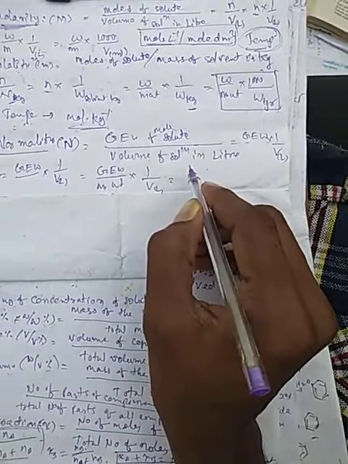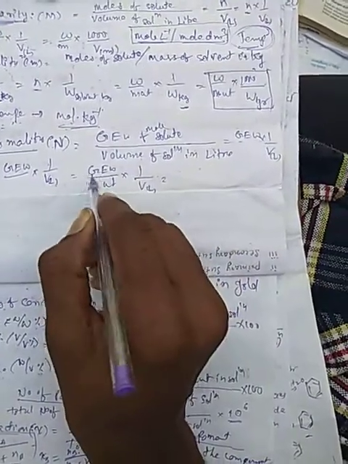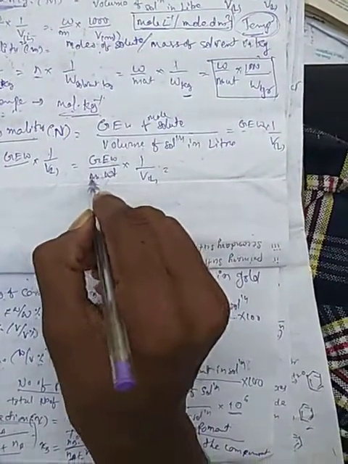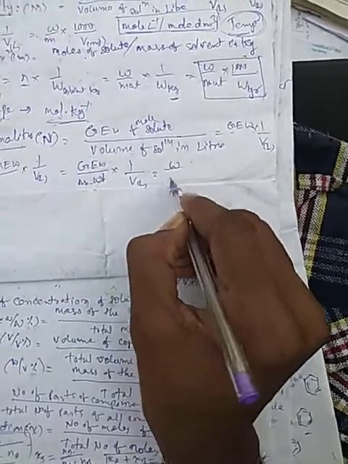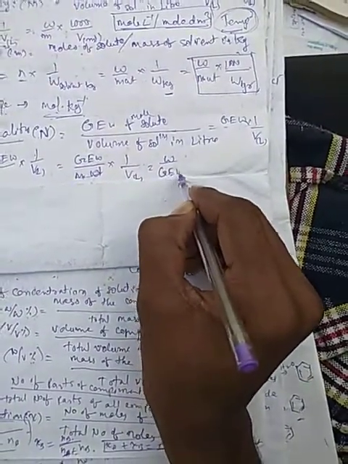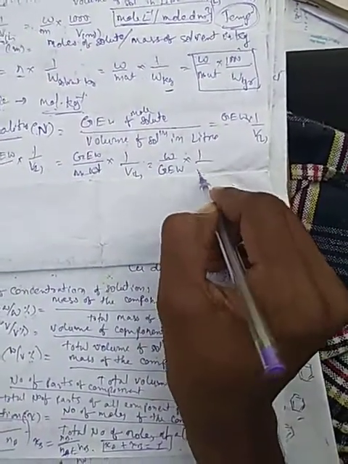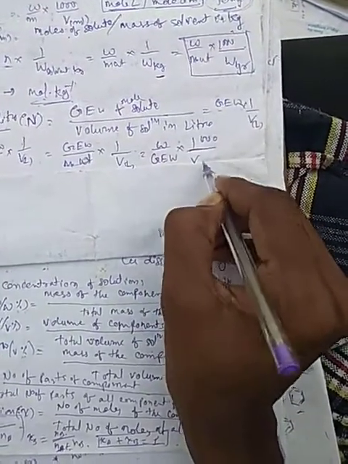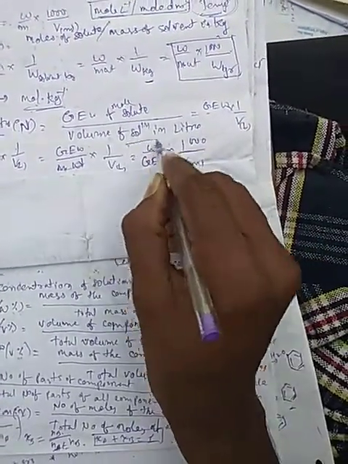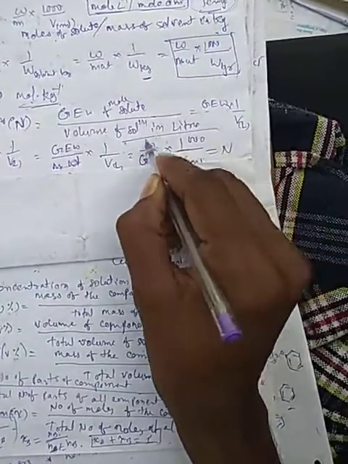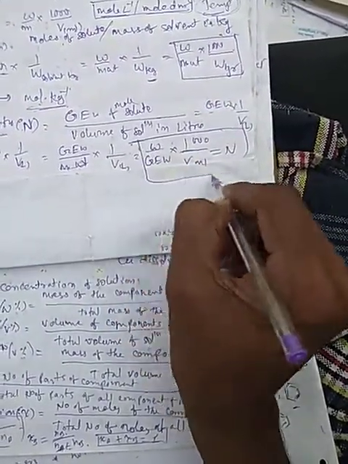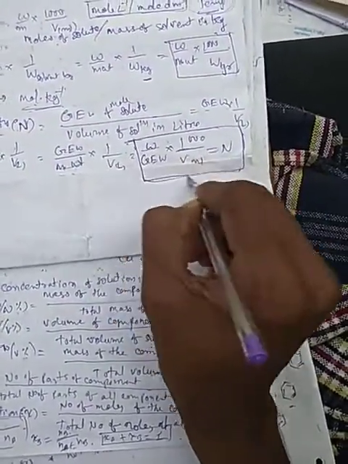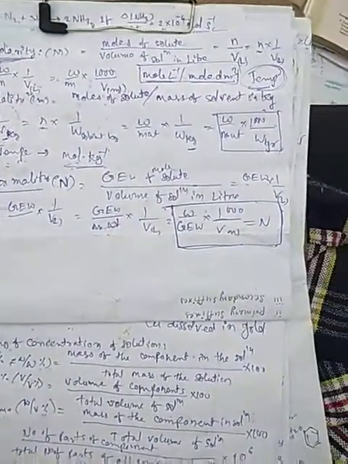Then we can write it as weight by gram equivalent weight into 1000 by V in ml. This is the formula for the calculation of normality, a very important formula.